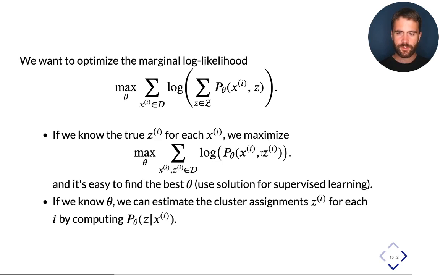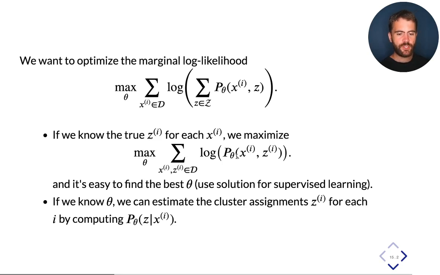Again, this is in the context of Gaussian mixtures, but even if our model P is not a Gaussian mixture, there are typically simple algorithms for learning the parameters of a probabilistic model in which every variable is observed. So given that we have a guess for the z, we have this joint probability, everything is observed, and we can compute theta.